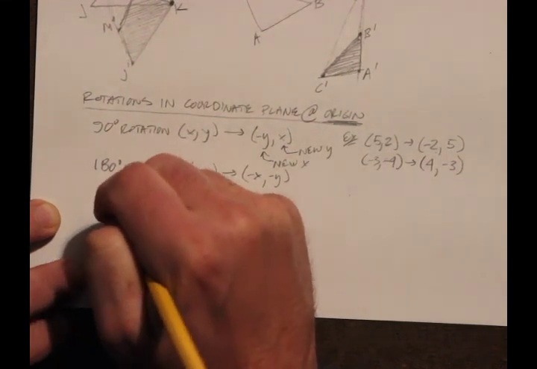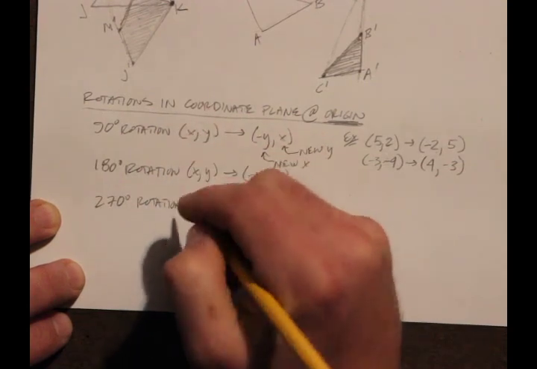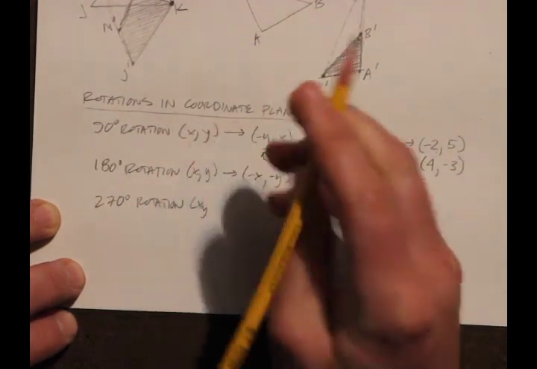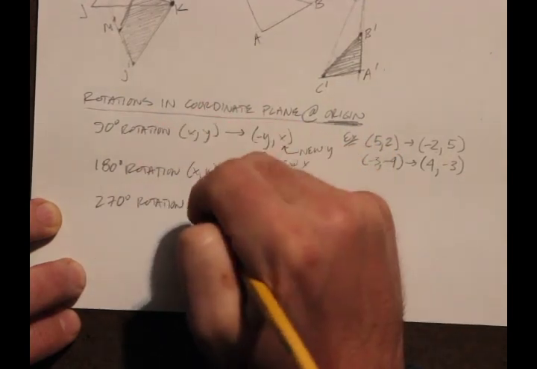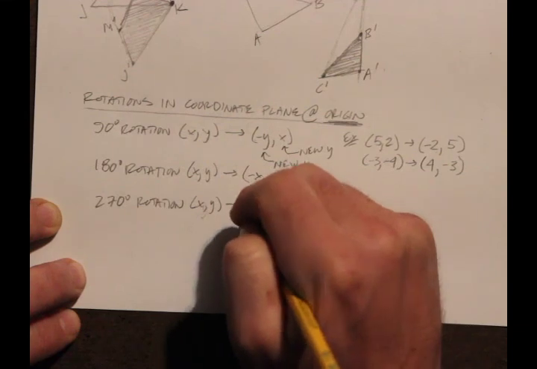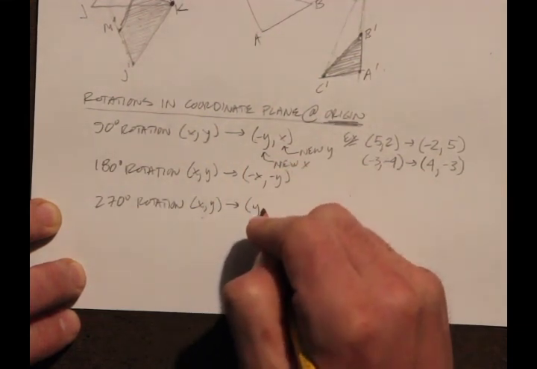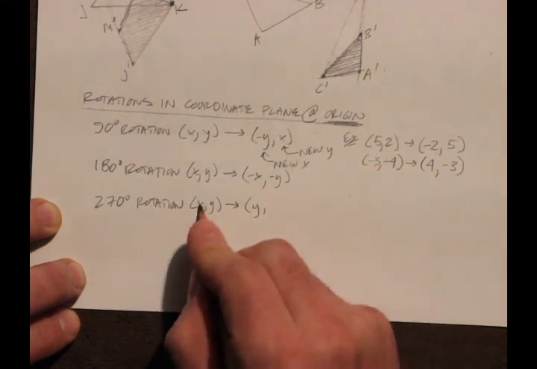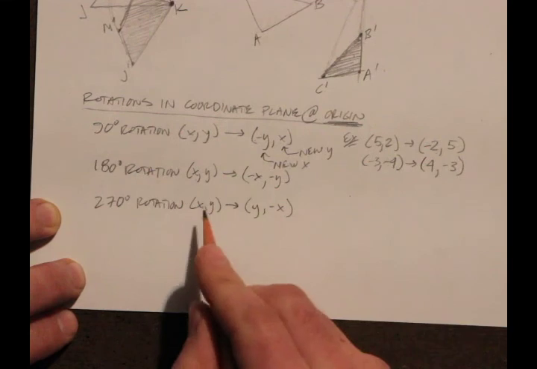If I do a 270 degree rotation across the origin, then I have (x, y) as my point. I do my rotation, and I take my y value and I make that my new x value. I take my x value and I make it negative, or I change the sign.